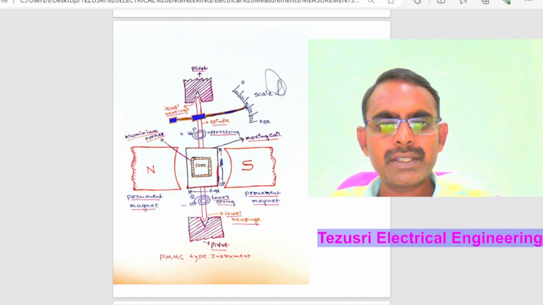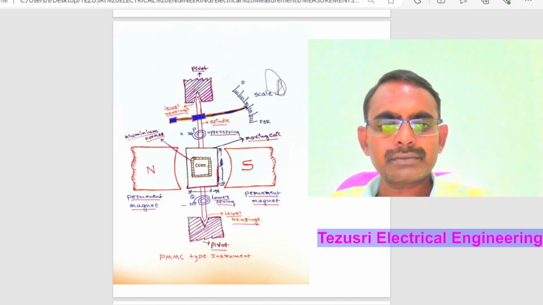First, number 1, PMMC instrument, permanent magnet moving coil instrument. It is a very accurate instrument for measurement of DC quantities. The working principle of the permanent magnet moving coil instrument was already learned in chapter 2. In that, the magnetic effect is utilized for the deflecting force between a current carrying coil and a permanent magnet.